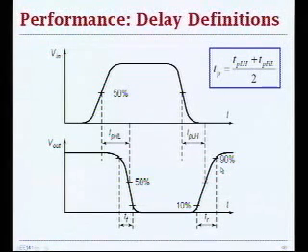If you have a lot of load, your rise and fall times will be longer, and that has to do with your signal slope. Rise and fall transitions are defined between 10 and 90% on the output waveform, the time it takes for the output to go between 10 and 90%. Again, these are all definitions and conventions. Sometimes people define rise and fall transitions between 20 and 80% and so on. But this is basically the way you calculate propagation delay at the gate level.